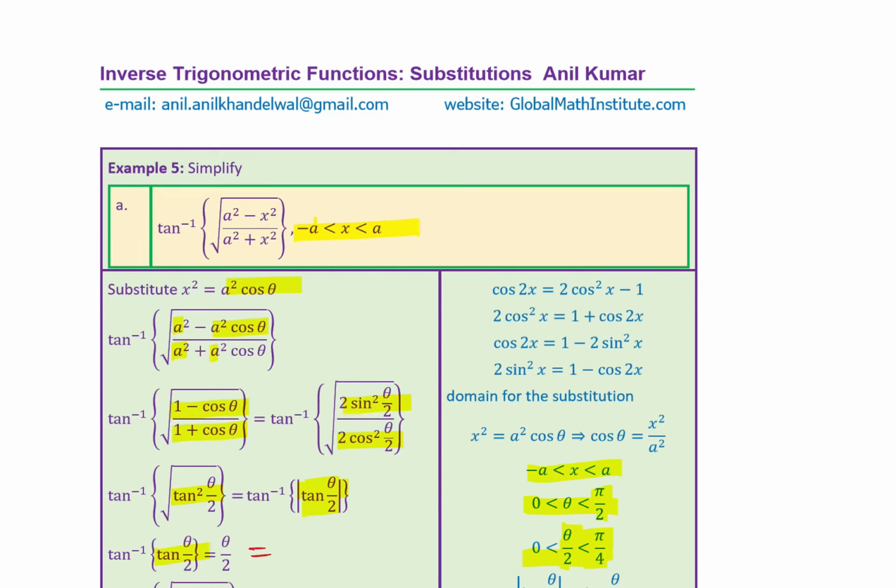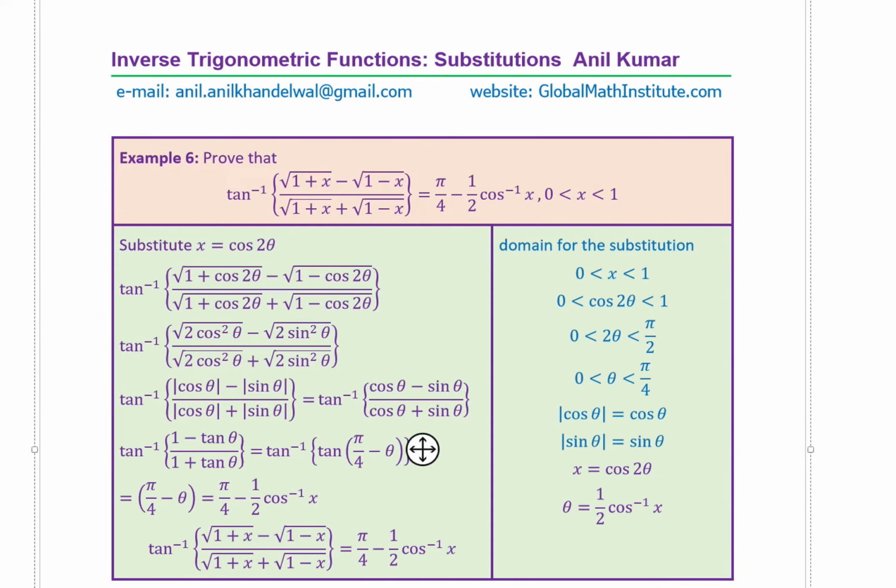Of course, from this we have x square over a square, right? And then we'll find the cos inverse. So we can write half of, and the value of theta is cos inverse of x square over a square. Clearly, that becomes our solution, right? So that is how we are going to answer this question, right? Now I think you're ready to take up the challenge question, which is right here before you.